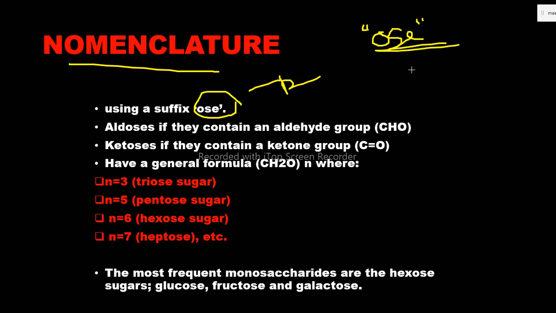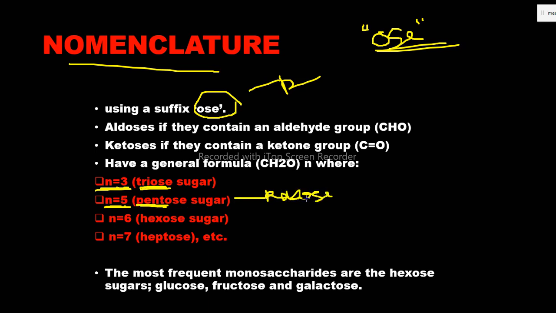For example, if n is 3, then that one becomes a triose sugar. If n is 5, then that one becomes a pentose sugar. For example, you have a ribose sugar.